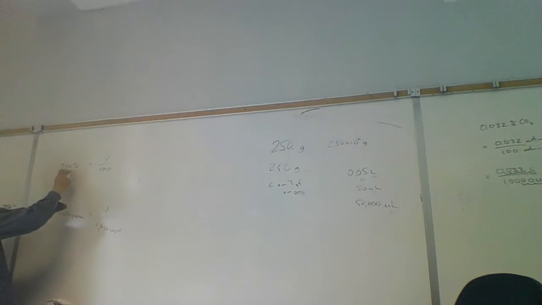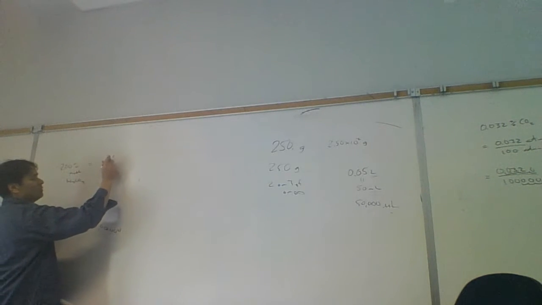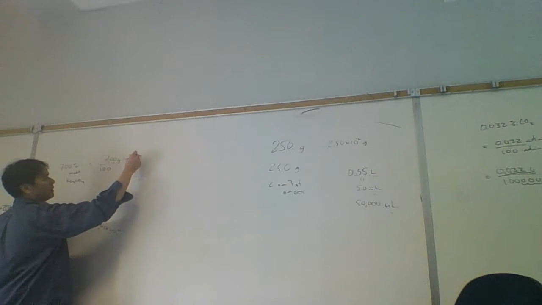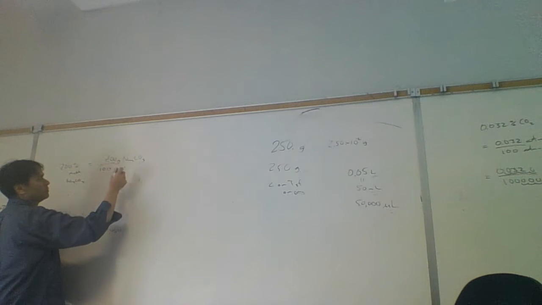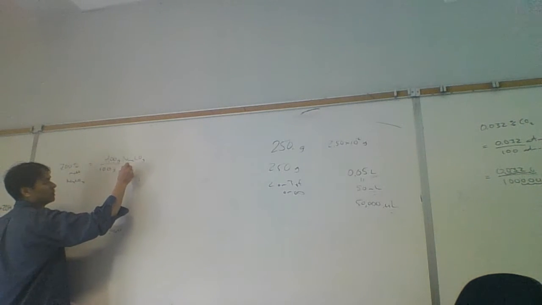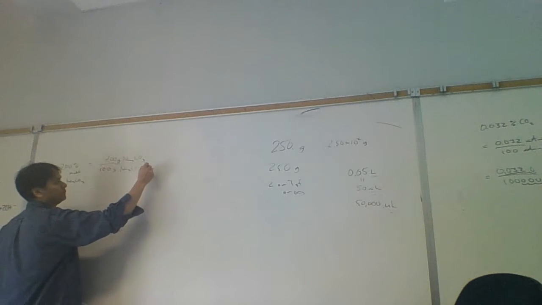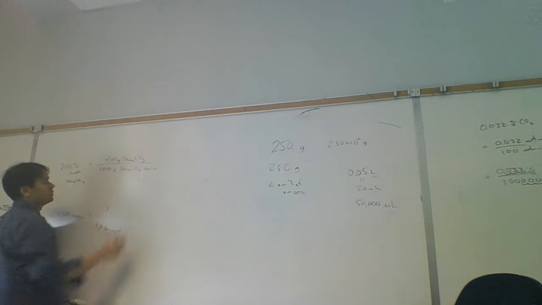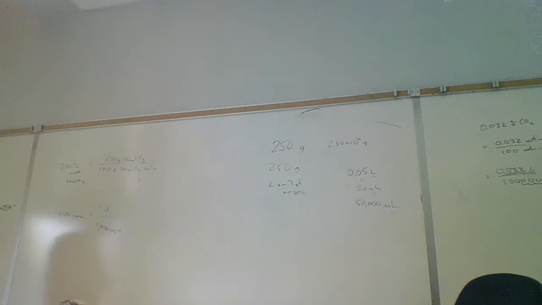And so this is 7.00% by mass sodium carbonate. What that means is we must have 7.00 grams of pure sodium carbonate per 100 grams of total. The total is the solution or the mixture, so this is going to be sodium carbonate solution. So in 100 grams of sodium carbonate solution, we have 7 grams of sodium carbonate.